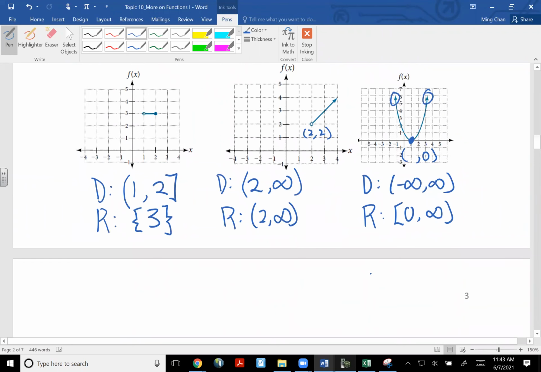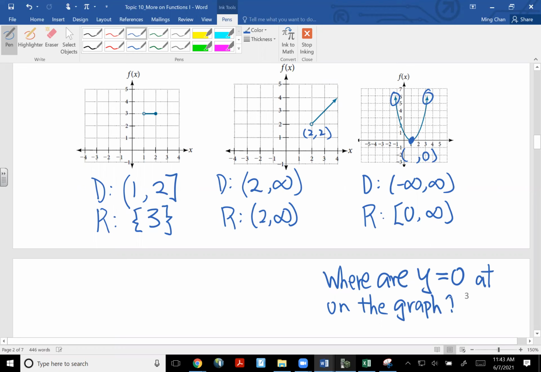So asking you this question one more time. Where are y equal to 0 at on the graph? What would you say? See if you remember. Where are all the y values equal to 0 at on the graph?